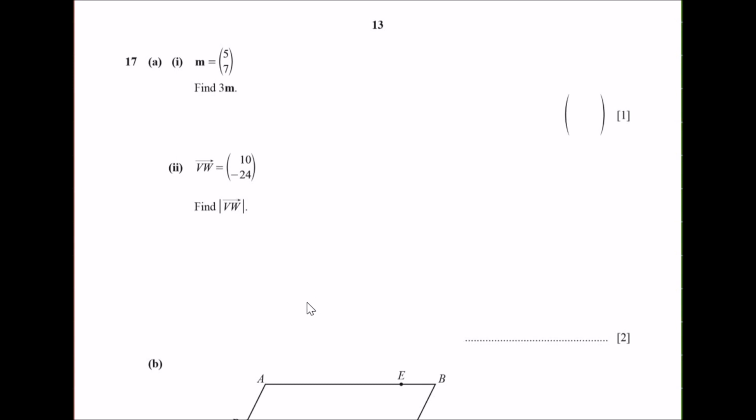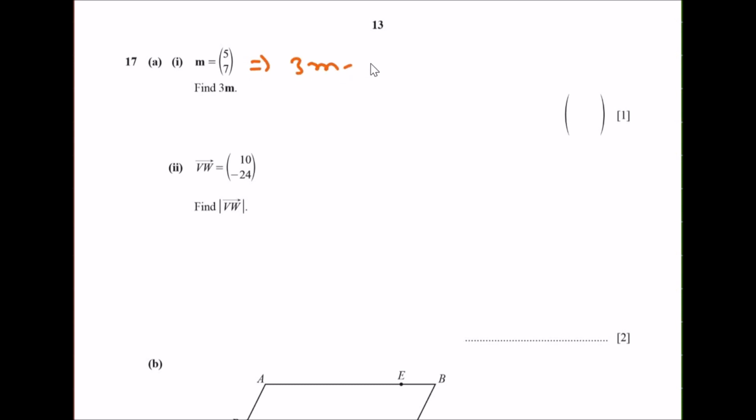Question number 17. This is a vector question. Now m equal to column vector (5, 7). We have to find 3m. So 3m equal to this. What does it imply?